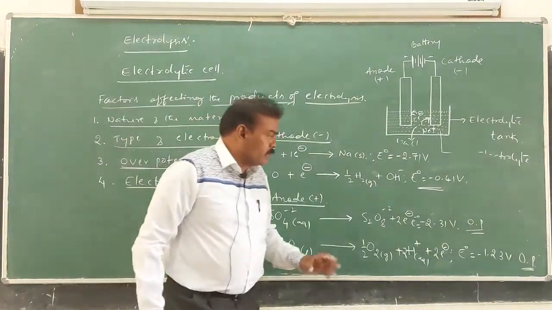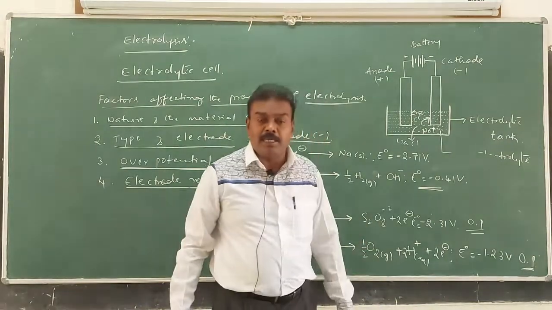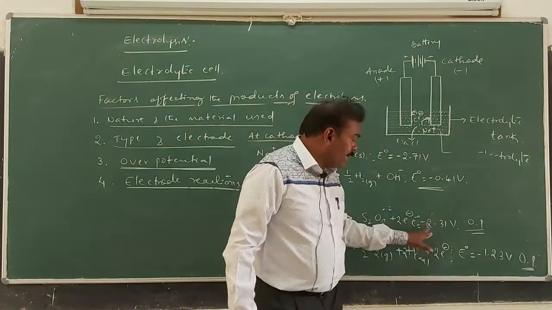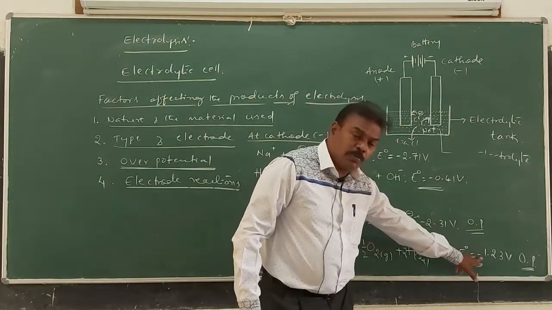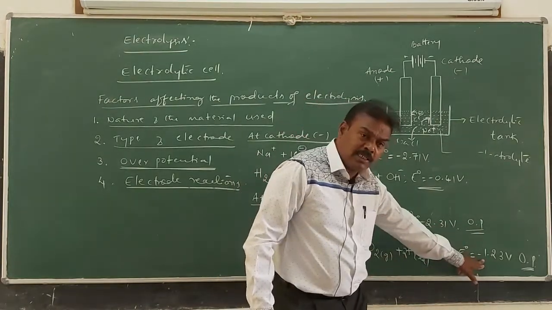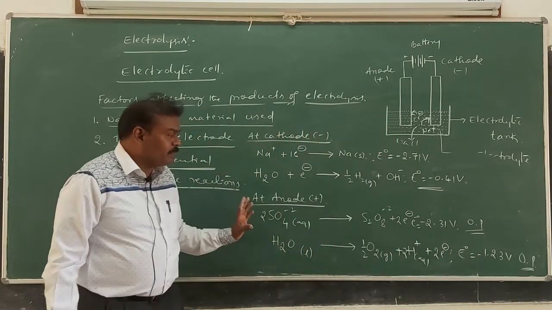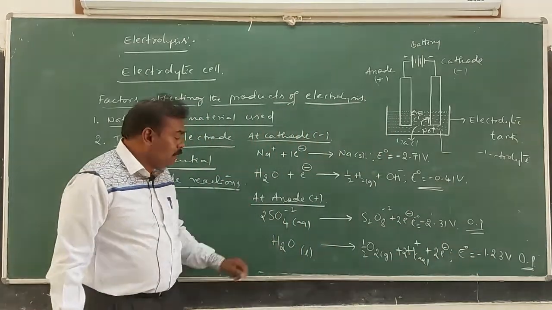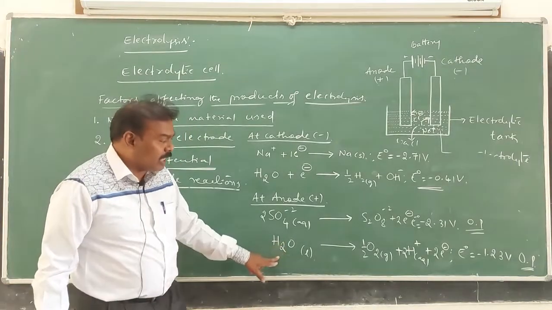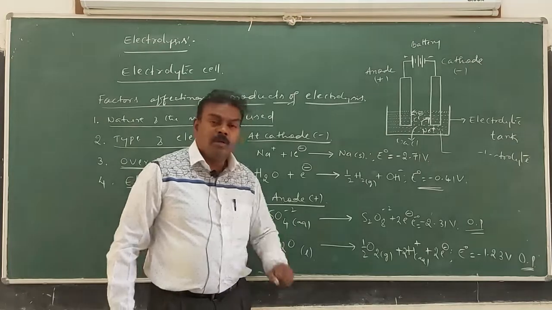Now, the reaction with the higher oxidation potential will take place. Among the two values, minus 2.31 and minus 1.23, minus 1.23 is the highest oxidation potential. Therefore, on the anode, oxidation takes place by means of water into oxygen instead of sulfate into persulfate ion.